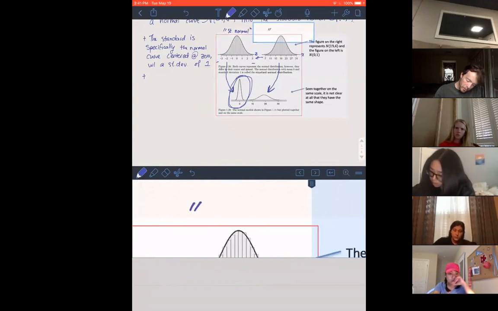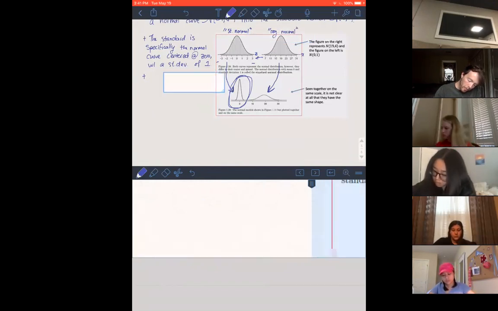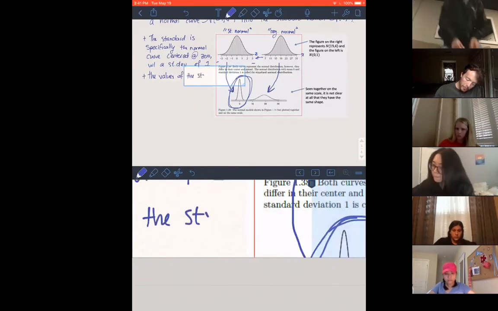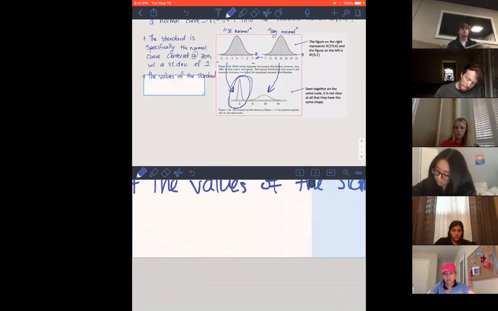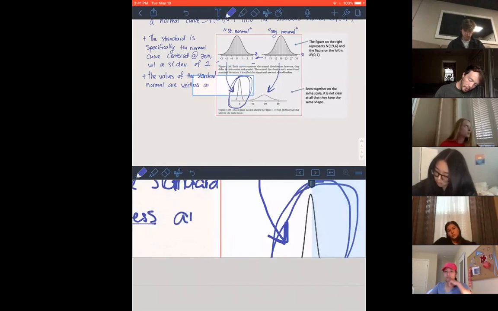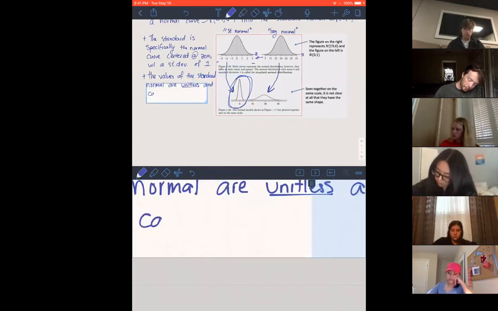Standard normal versus regular normal. The values of the standard normal are unitless and called z-values.